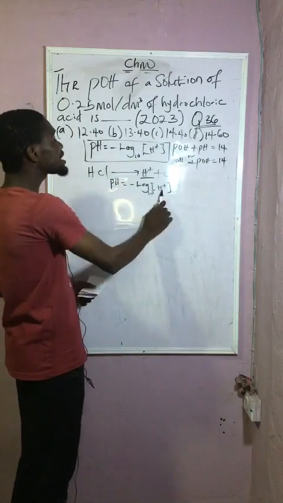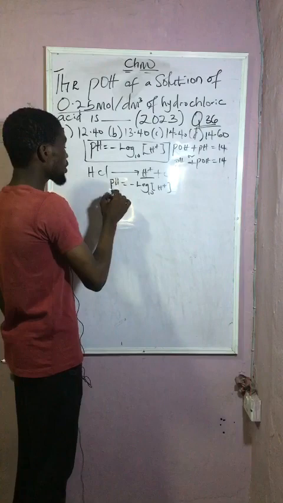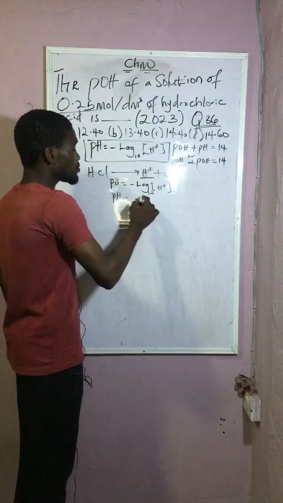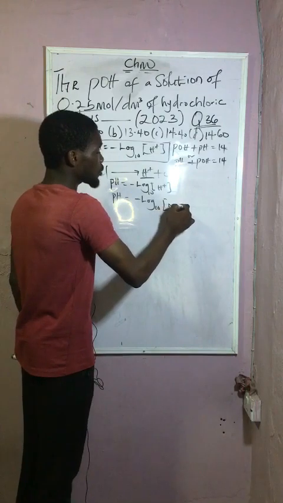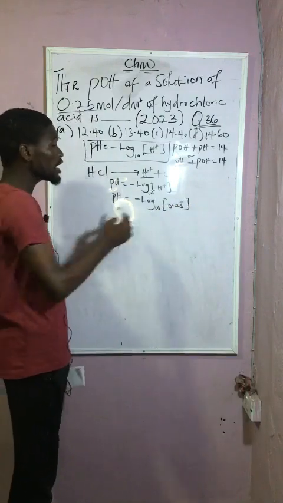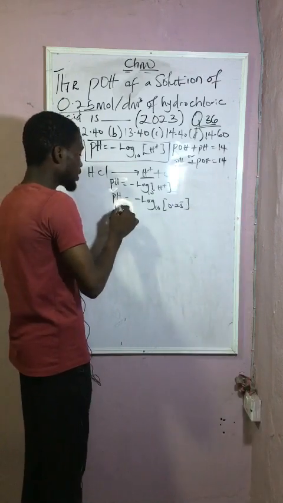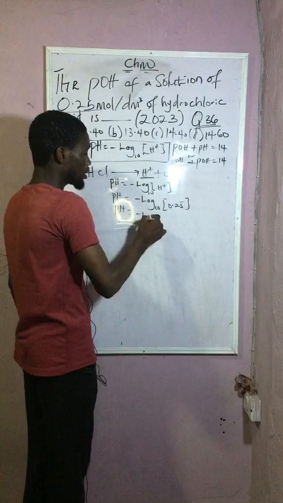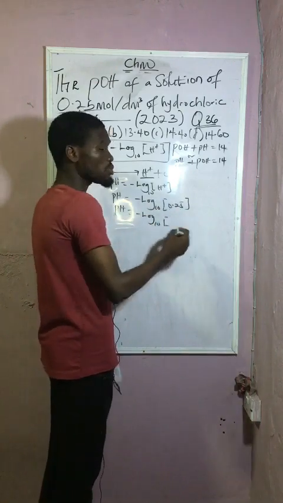So now, what is our hydrogen ion concentration? It is stated clearly in the question. So you can say pH is equal to minus logarithm to base 10 of 0.25. You close the brackets. The bracket you have here is called concentration. So with that, I can say pH is equal to minus... Let's open this. Before you can open this bracket, you have to make this one to be in standard form.